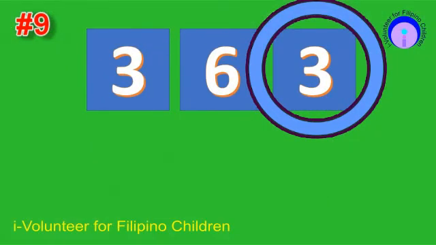Item number 9. What is the place value of this digit? Digit 3 is in the ones place.